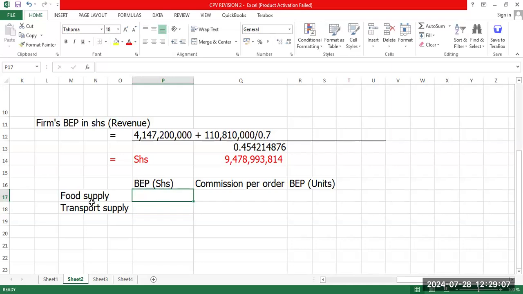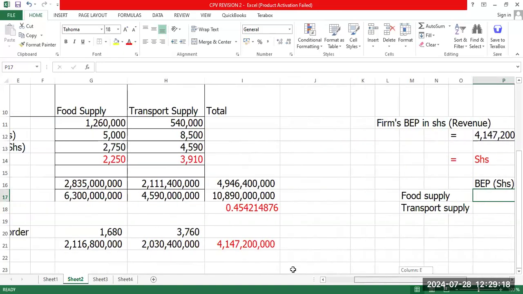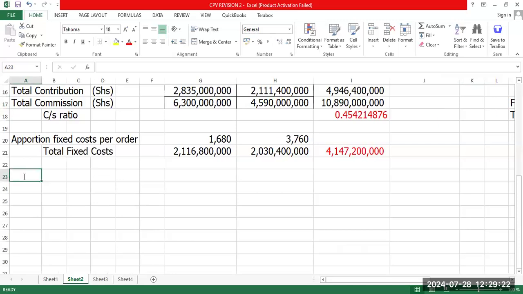So how do you get break-even point for food supply based on this? You just get your sales mix. This is where sales mix is going to come in, so you need to do a working for sales mix.